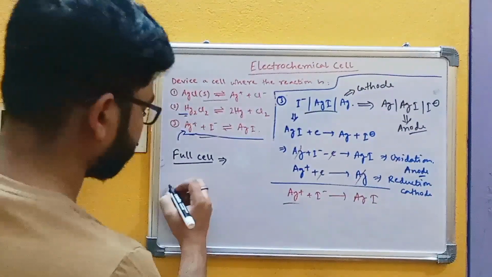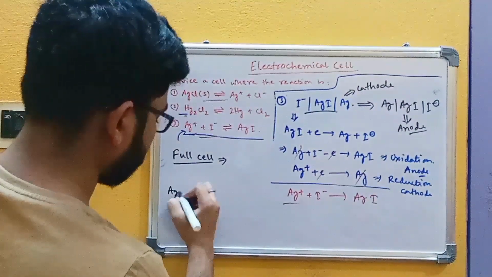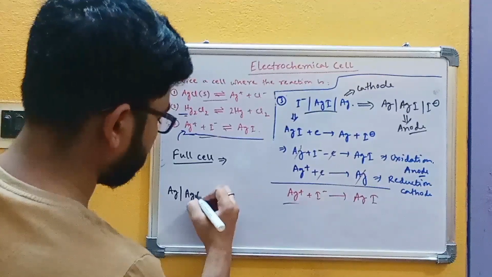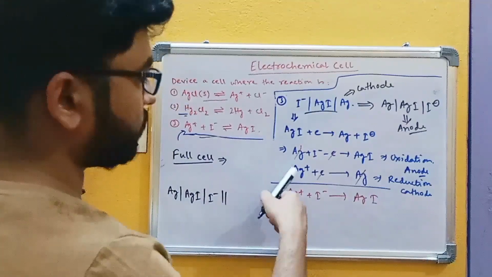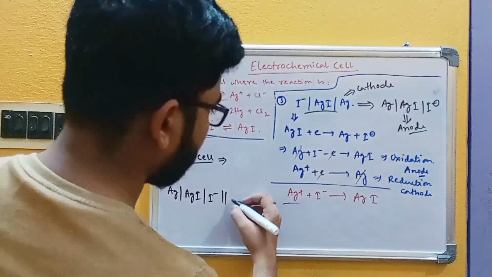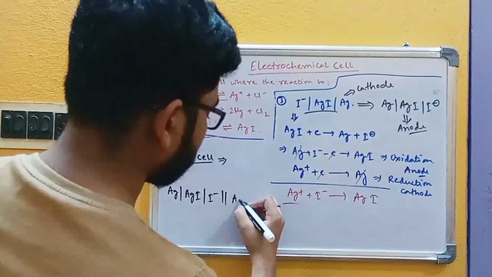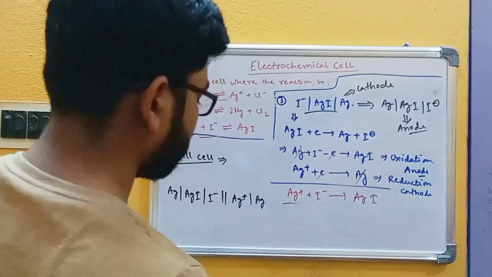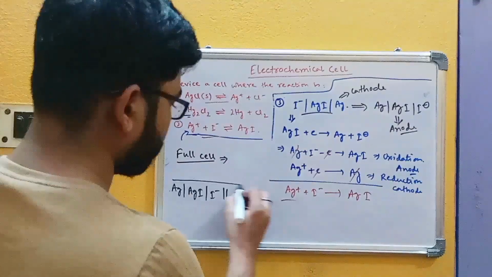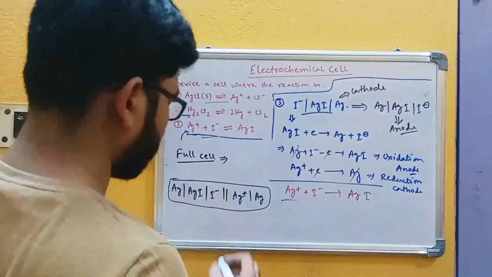So we get Ag, AgI, I minus, and in the cathode we write Ag plus, Ag. So this is the full cell of that given cell reaction.